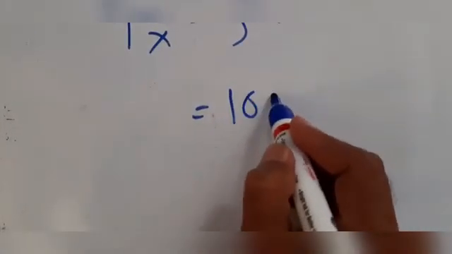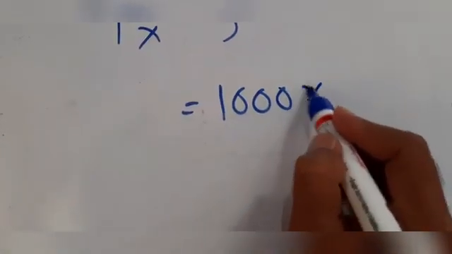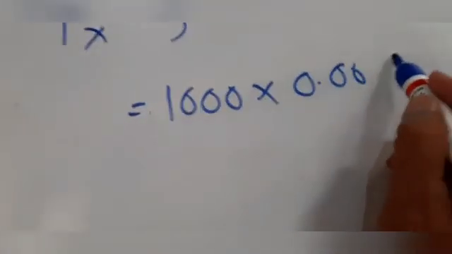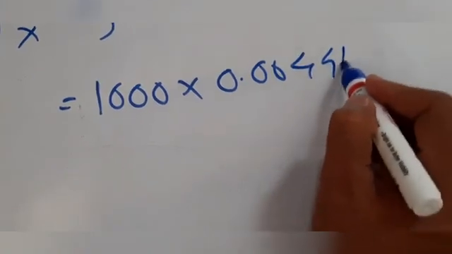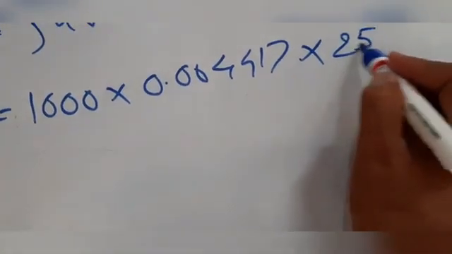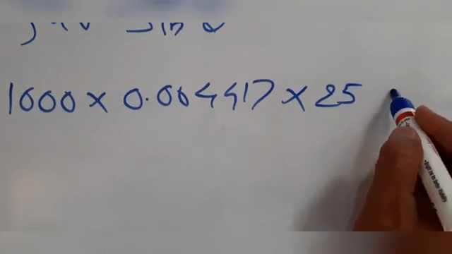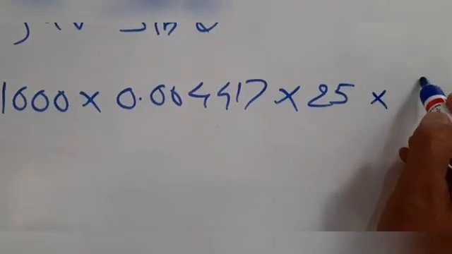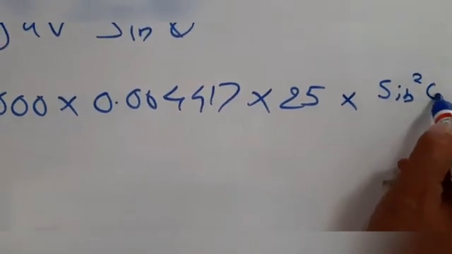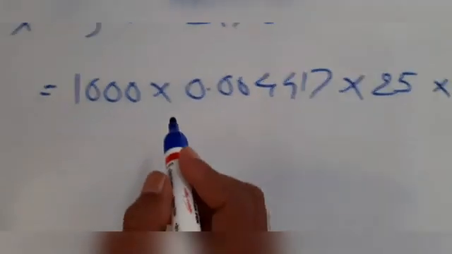Putting the values, the value of rho is 1000, the value of A is 0.004417, V is 25 meter per second, into sine square 60.